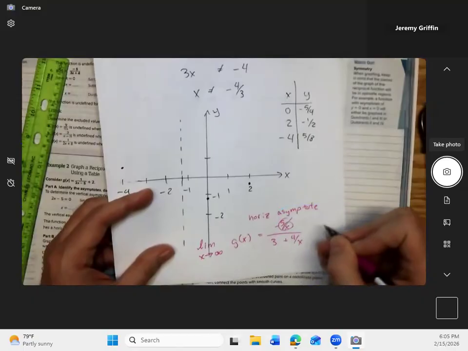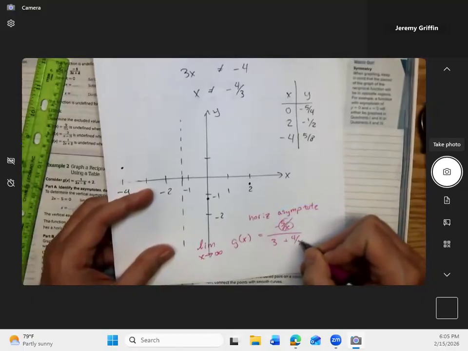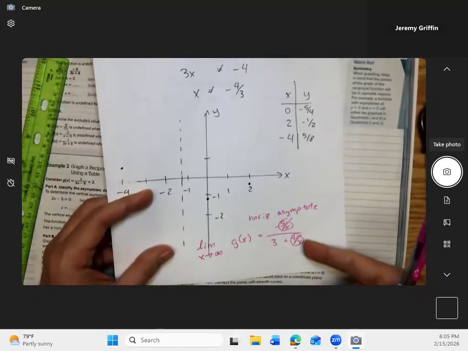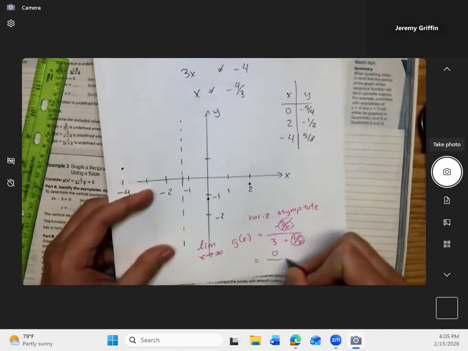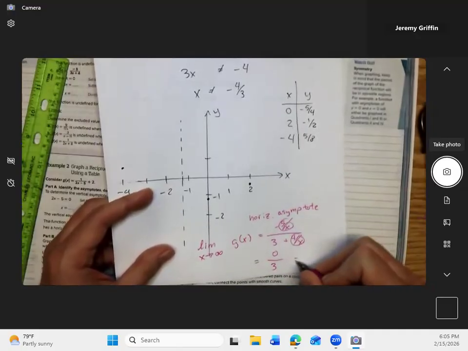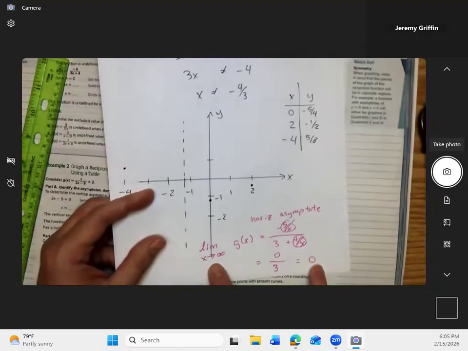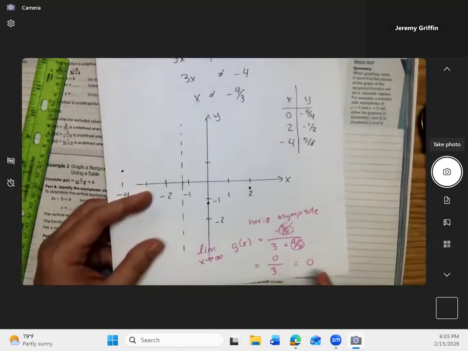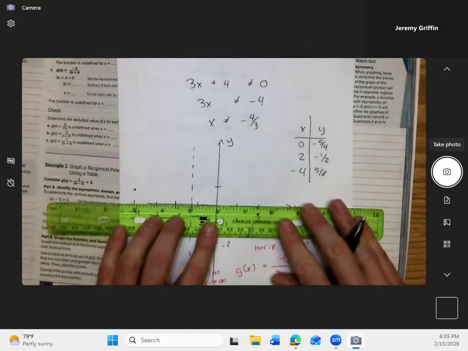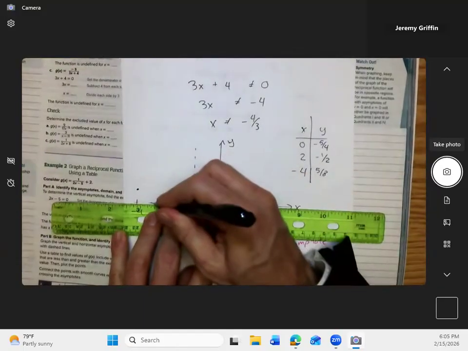Well, that would become 0. And 4 over infinity, also 0. Like 4 over a million is like 0. So you have 0 over 3 plus 0, 0 over 3, which just goes to 0. Now notice I'm saying limit as x approaches that value. It'll never actually reach this value, but we can get this horizontal asymptote properly on the board.